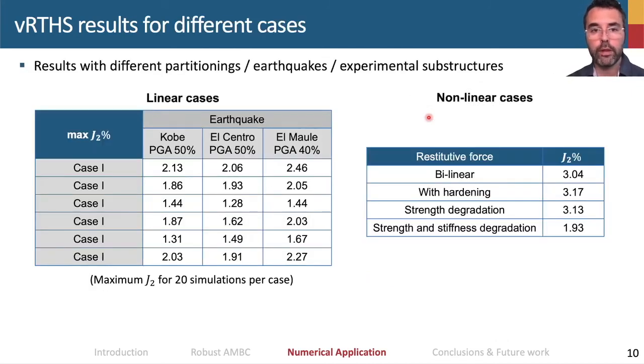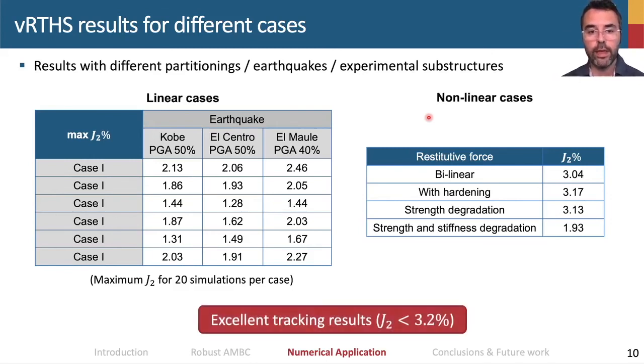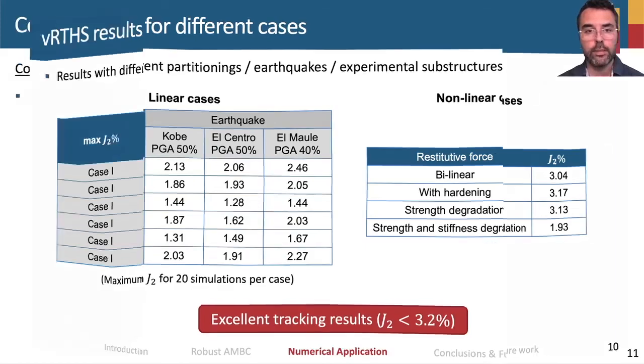Results with different partitionings, earthquakes, and other experimental substructures show that the framework has excellent tracking results with a performance index J2 with values that are less than 3%, which is quite reasonable considering the uncertainty that we included in this task.